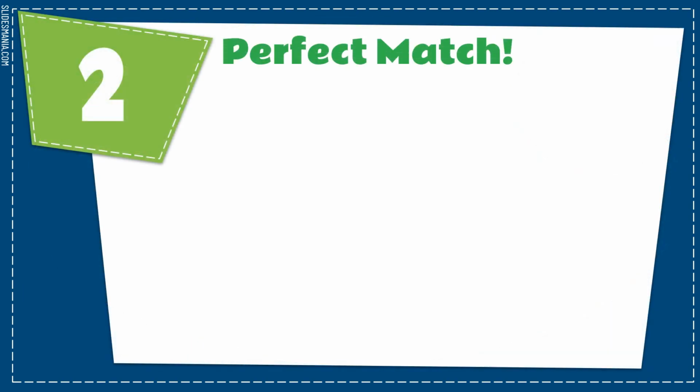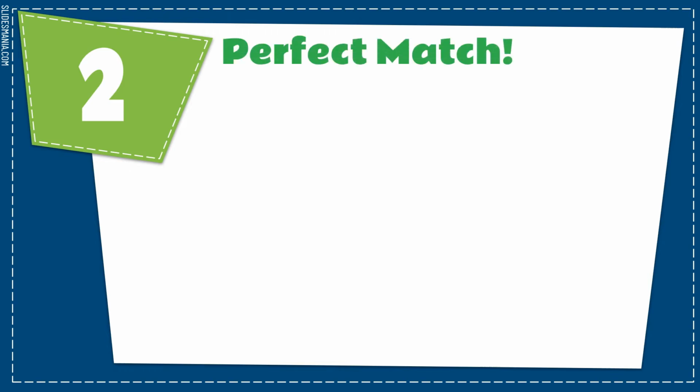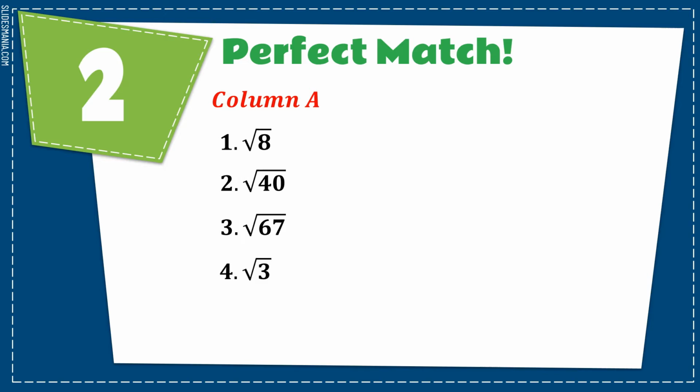This activity is titled Perfect Match. Match the radicals in column A to the nearest two integers where its square root lies in column B. For column A, we have the square root of 8, square root of 40, square root of 67, square root of 3, and square root of 20.